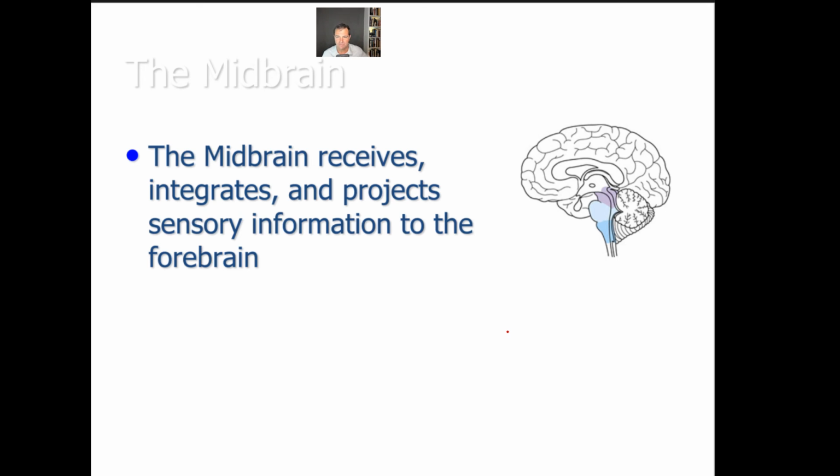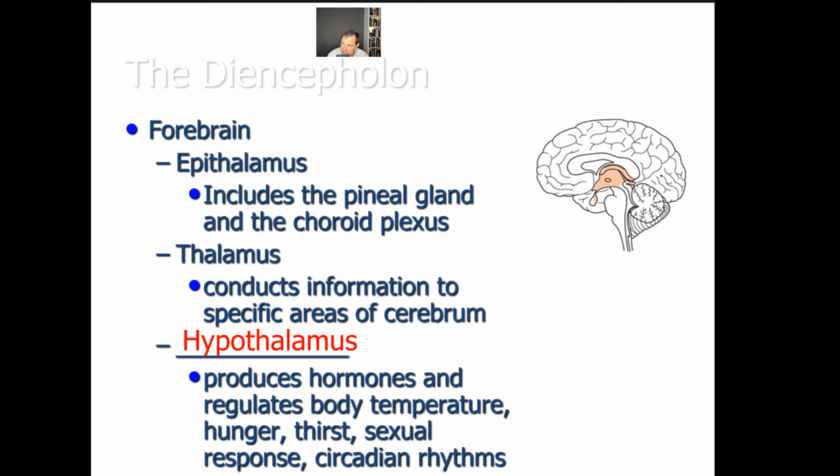But anyway, then we have the midbrain, and the midbrain receives information and projects it to the forebrain, which we'll get to here in a minute. And then the forebrain is this part right in here, and that is going to include the epithalamus, which includes the pineal gland, and the pineal gland sits back here.